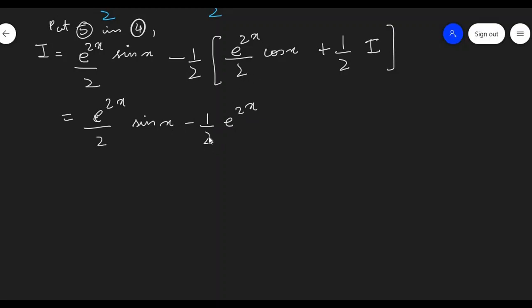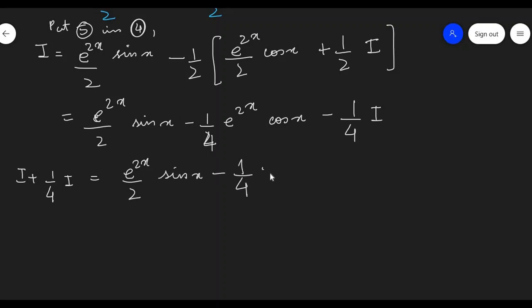So 1 by 2 into 1 by 2 will become 1 by 4 e raised to 2x cos x minus 1 by 4 I. Now we can take this minus 1 by 4 I to the left hand side. So we are going to get I plus 1 by 4 I equals e raised to 2x by 2 sin x minus 1 by 4 e raised to 2x cos x.